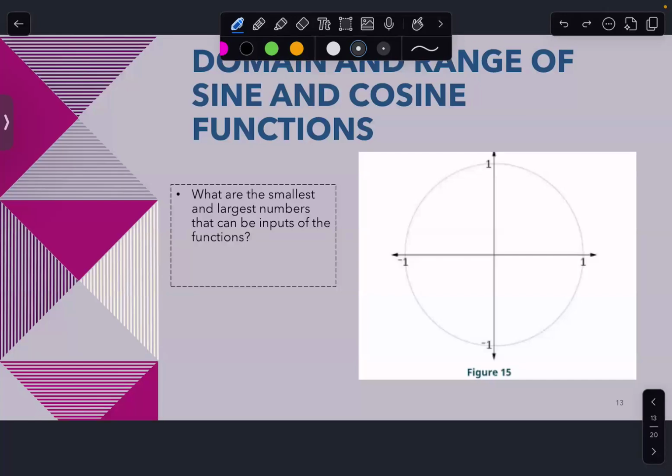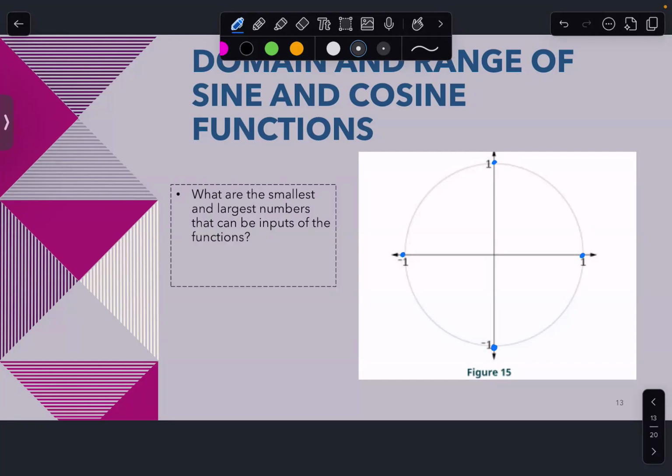Okay, there we go. All right, so here we're given the unit circle again. You guys notice that we have these endpoints on our circle at these intersections. So this also gives us the boundaries for sine and cosine here.